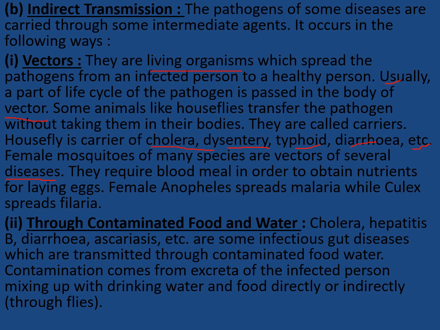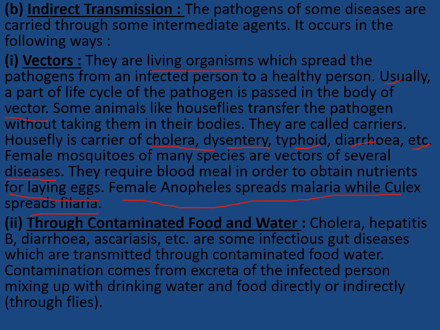They require blood meals in order to obtain the nutrients for laying eggs. Now, female Anopheles spread malaria, while Culex spreads filaria.